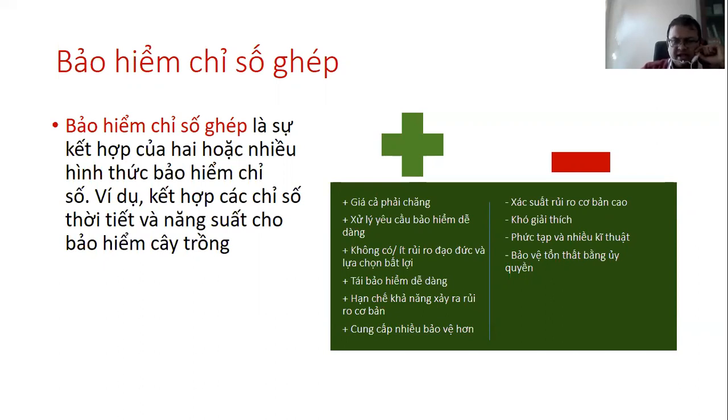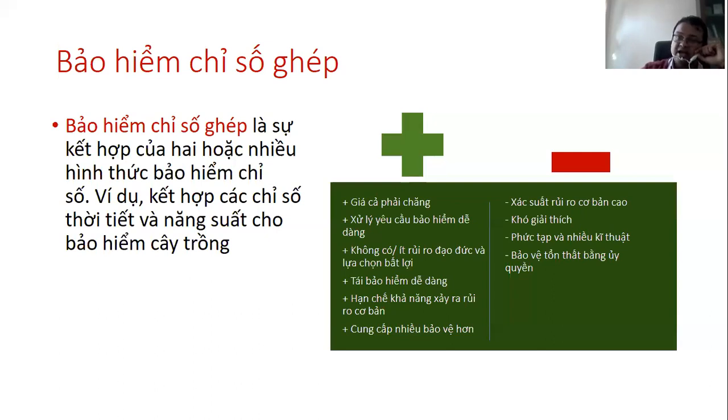But there are downsides. There's actually still a probability of basis risk. Why? Because especially if there are limitations on the price, which is usually the case in terms of the insurance premium, in that case, the specific triggers or the specific parameters which we are applying for this product might be quite strict.